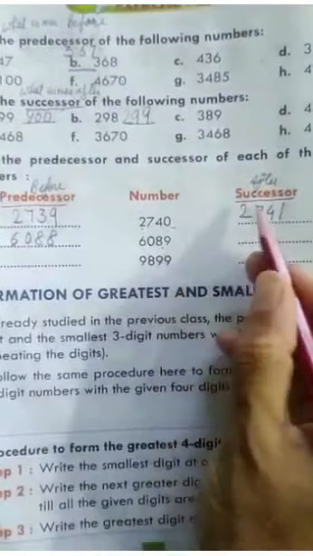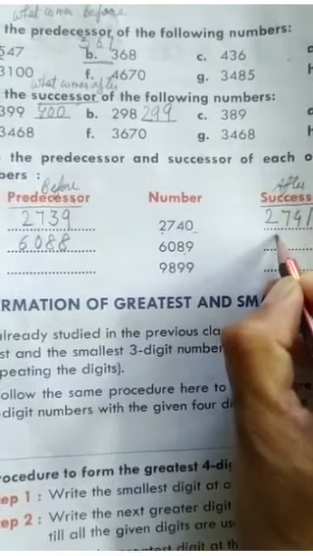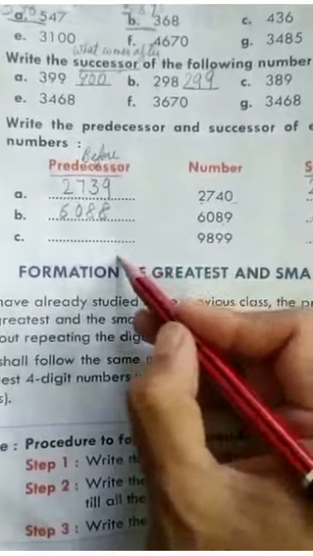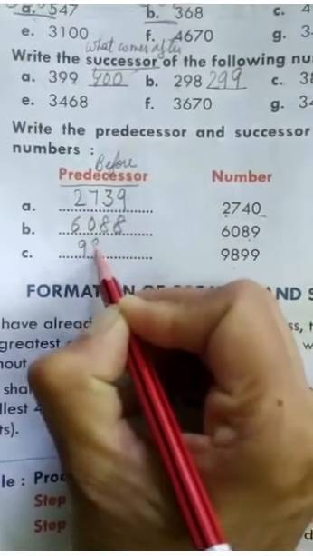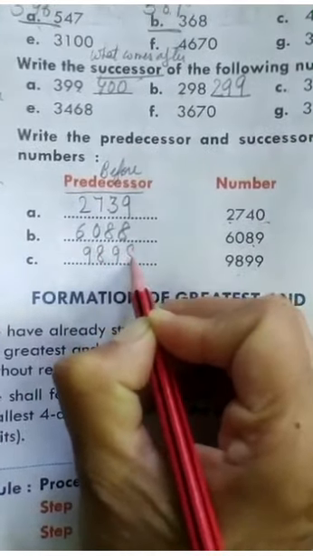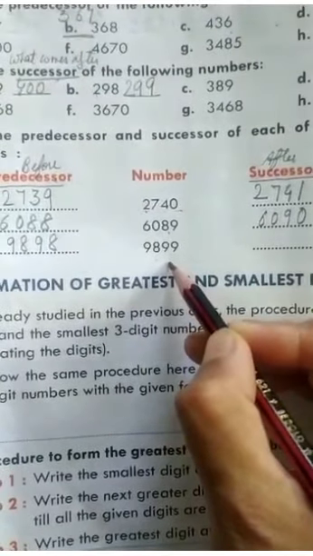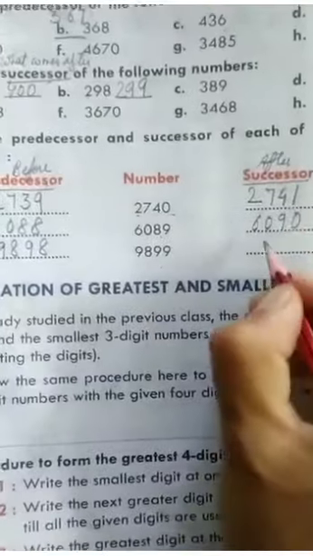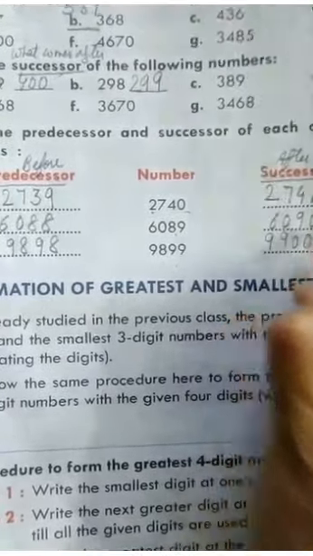And successor means after. So what will come after 6089? 6090. Predecessor means before. So what will come before 9899? 9898. And what will come after 9899? 9900.